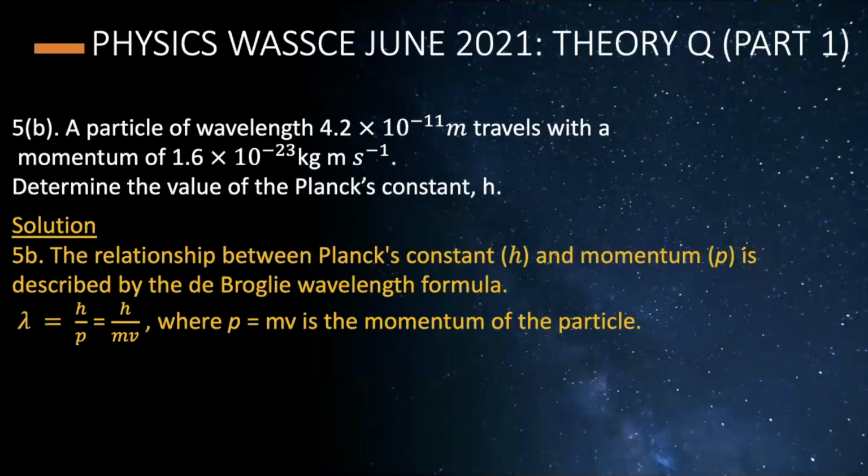Now, the second part of the question requires that we solve for Planck's constant. When you are given a question like this, what you do is to think about the relationship that connects the parameters given to you. So here you are given a wavelength and the momentum. So you should think, what equation connects wavelength and momentum?